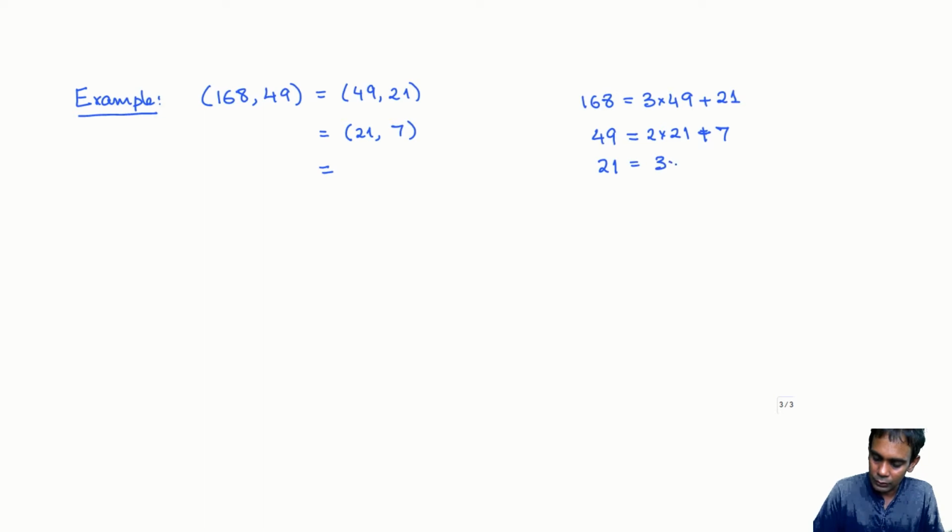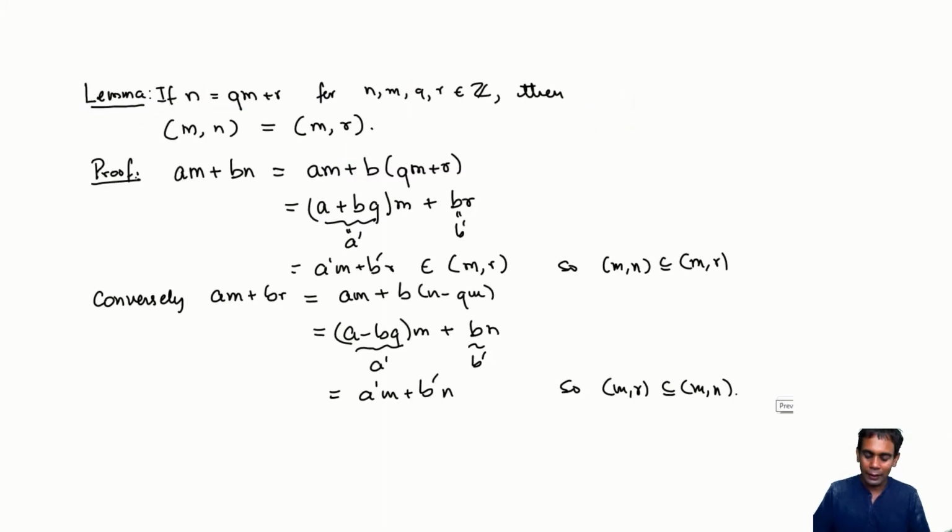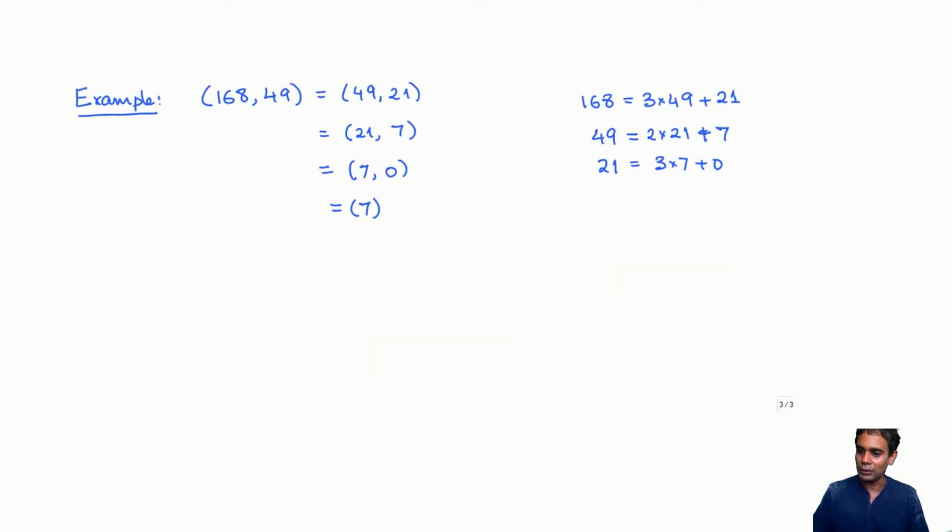That is 3 into 7 plus 0. So this is equal to the ideal generated by 7 and 0, but that's just the same as the ideal generated by 7. So we've started with an ideal generated by 168 and 49, and we've shown that it is the same as the ideal generated by 7 using this lemma. And at each stage we've used Euclid's division.